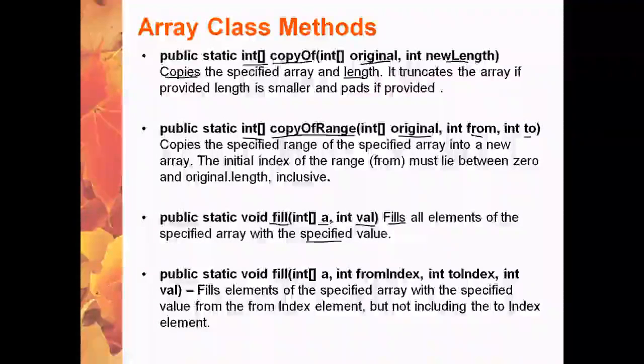So if we pass a value as 5, then it will simply insert value 5 into array A. So all the elements in that array A will have the value 5.